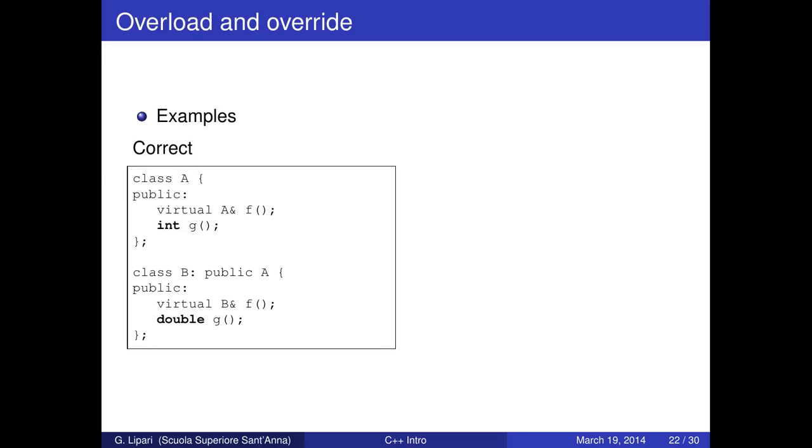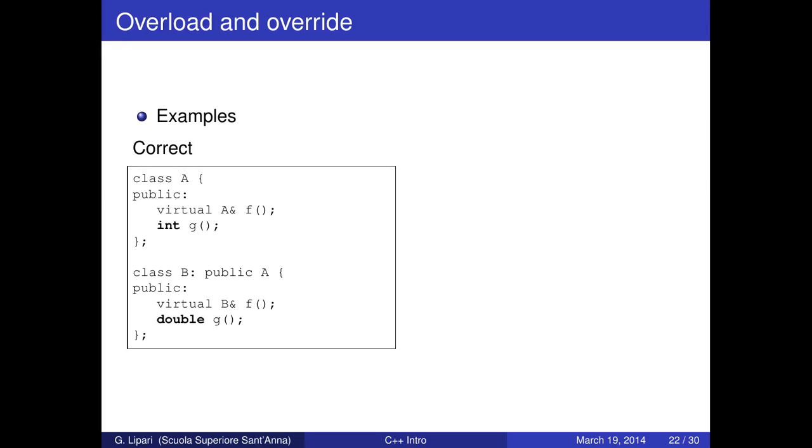So for example, you can have class A, which defines a virtual function f which returns a reference to an object of type A. And then you can have class B, which derives from A, that returns a reference to an object of type B. And this is okay, because in class A you are returning a reference to an object of class A, and in class B a reference to an object of class B. So this is actually the same function, and this is okay.